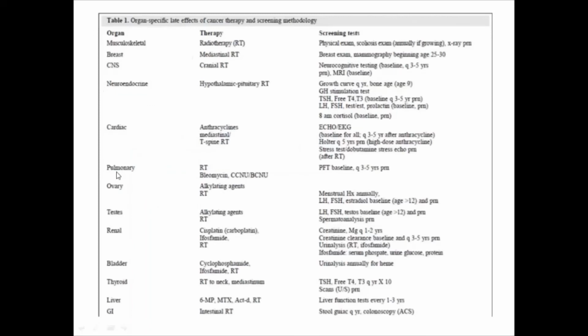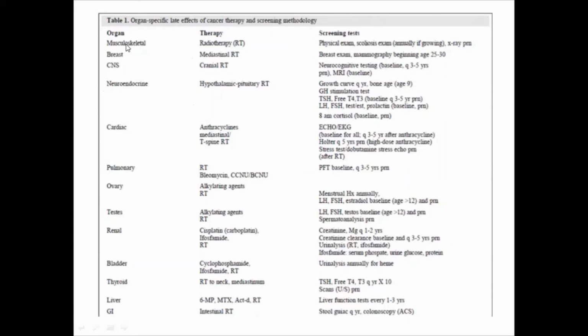So in this slide, we see the specific late effects that we see with the radiation, with the therapy that we give, and the screening tests that should be performed.